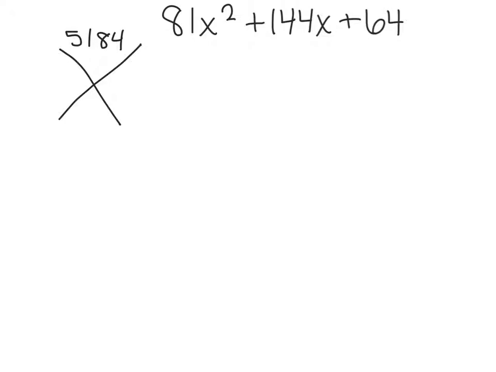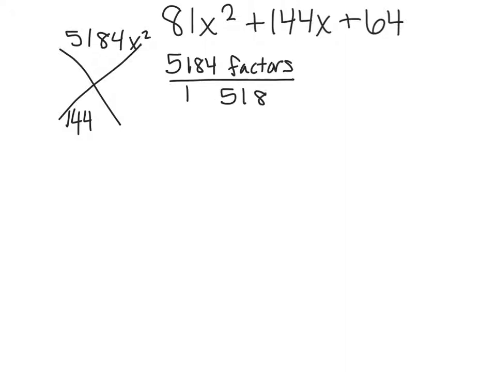And then I know I'm looking for two numbers that multiply to 5,184x squared, let's stick that x squared in there, that need to add to 144x. If we look at this, I don't know my factors of 5,184 very well, so it may take me some time to go through and find two that actually add to 144x.